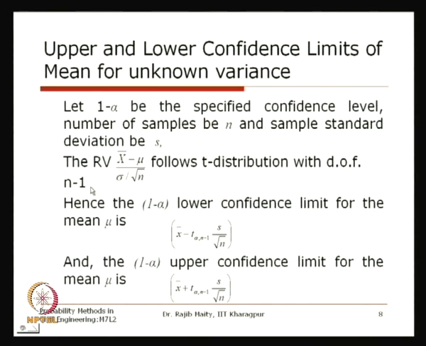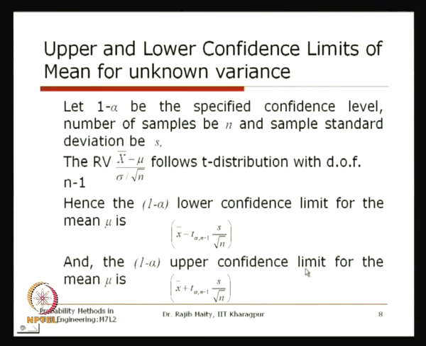Hence the 1 minus alpha lower confidence limit of the mean mu is x bar minus t alpha, n minus 1, s by square root n. Here, instead of alpha by 2 as in the earlier case, it is t alpha with n minus 1 degrees of freedom.